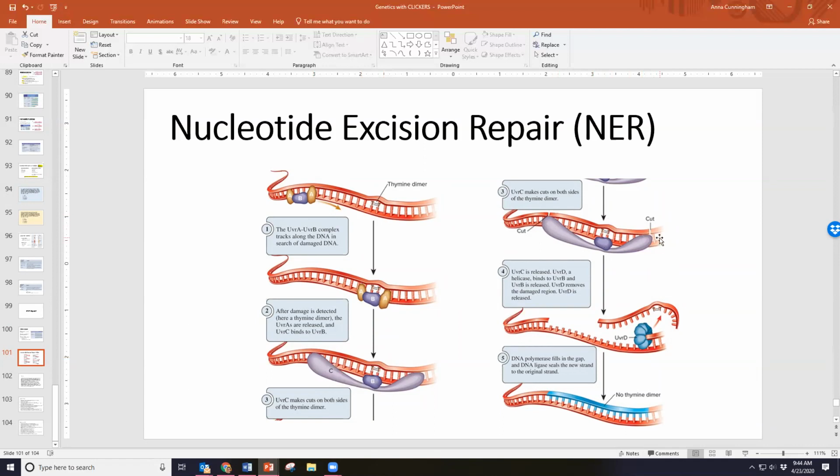So it cuts out the entire strand of DNA where that defect is noted. You'll have a big gap in the DNA, and then another DNA polymerase comes in, fills in the gaps, and corrects it. That's why it's called nucleotide excision, because excision means to cut out.